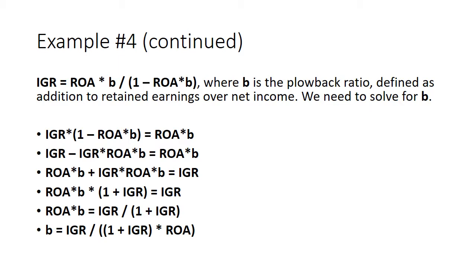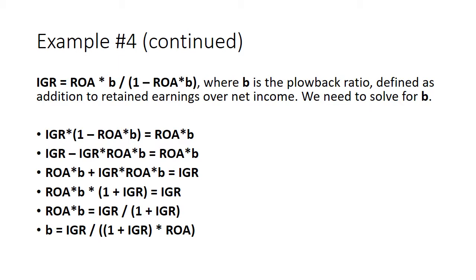And now I can divide both sides by 1 plus IGR, and that just leaves me with ROA times B on the left-hand side. We're almost there. We just need to divide both sides by ROA, and that will get B by itself because the ROAs on the left-hand side will cancel out.